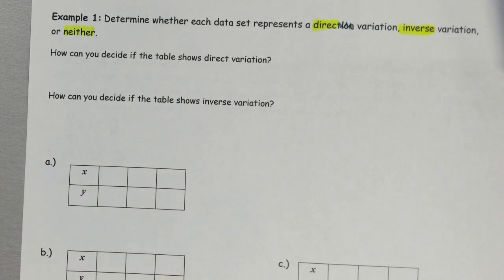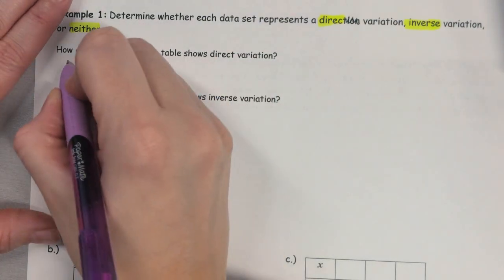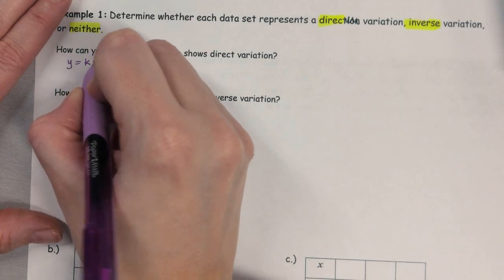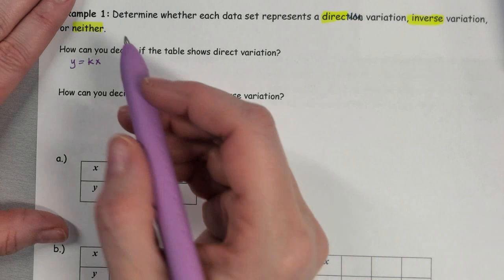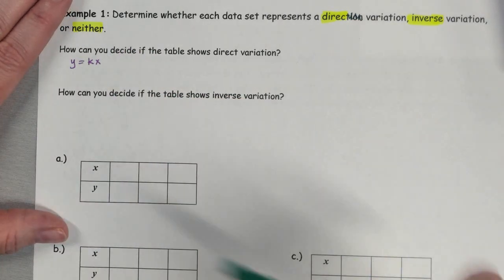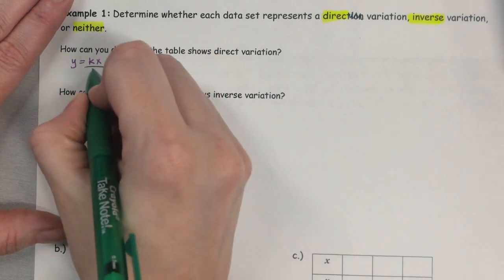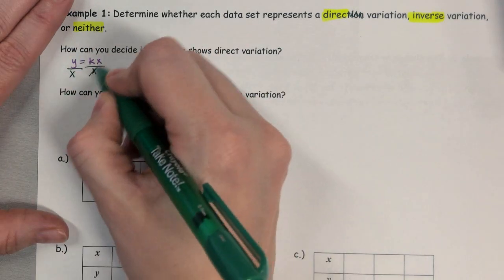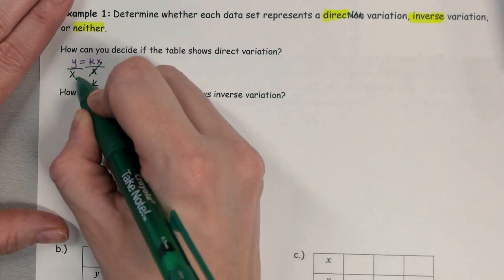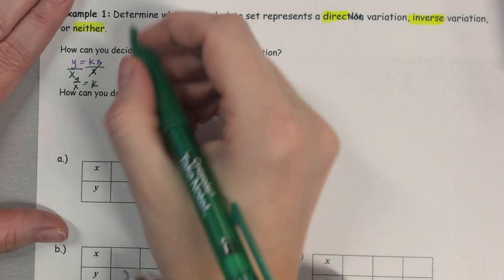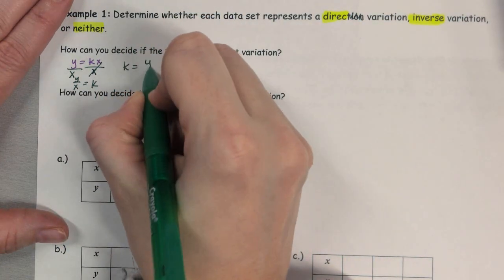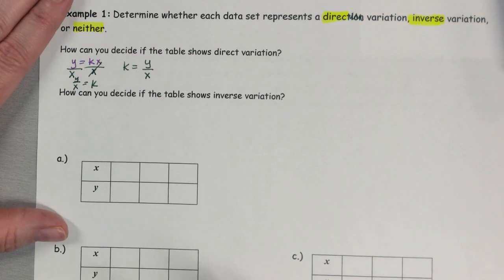All right, so how can you decide if it shows direct variation? Remember, the direct variation equation is y equals kx. If we were to solve this for k, we would have to divide both sides by x. So you would need to have k equals y over x.